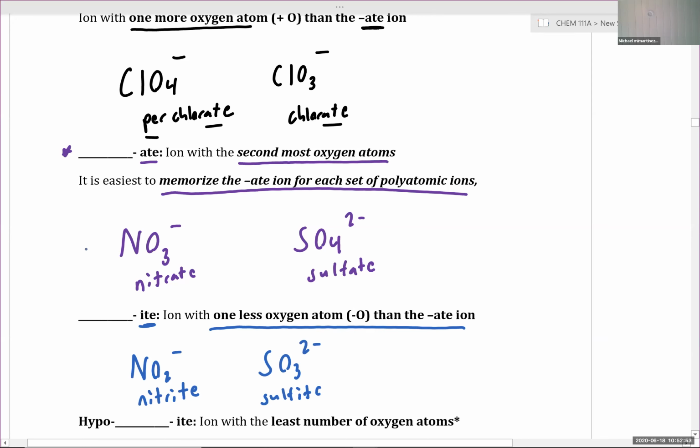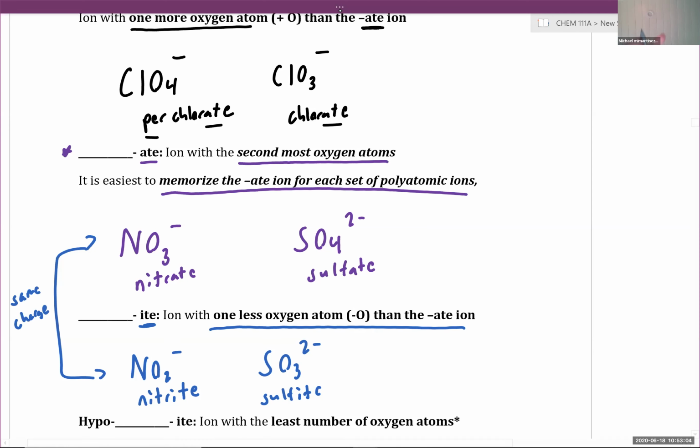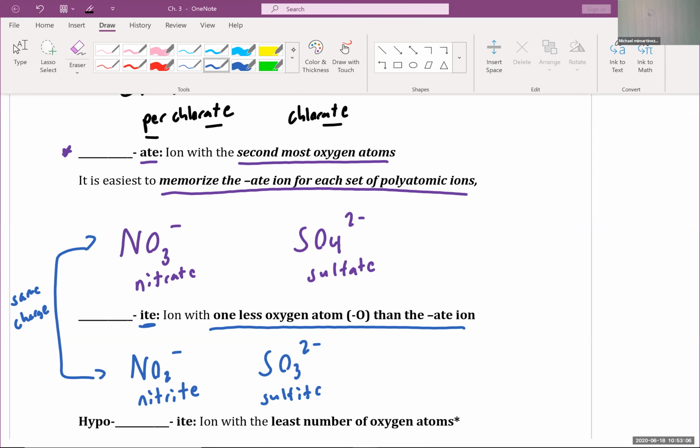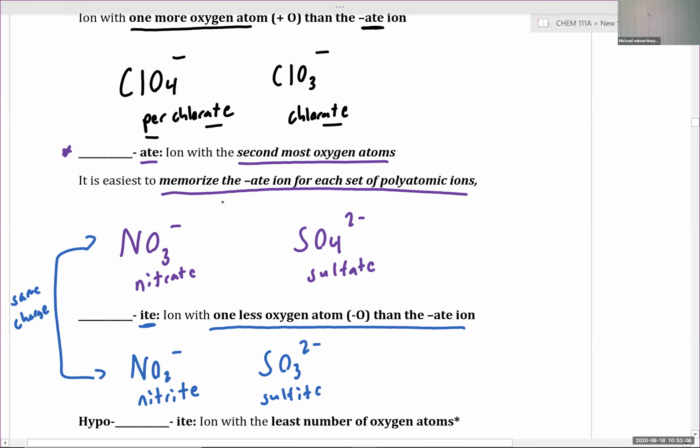And a key thing that you want to pay attention to is, as we can clearly see, when using this prefix and suffix system, the charge of your polyatomic ion will remain the same.